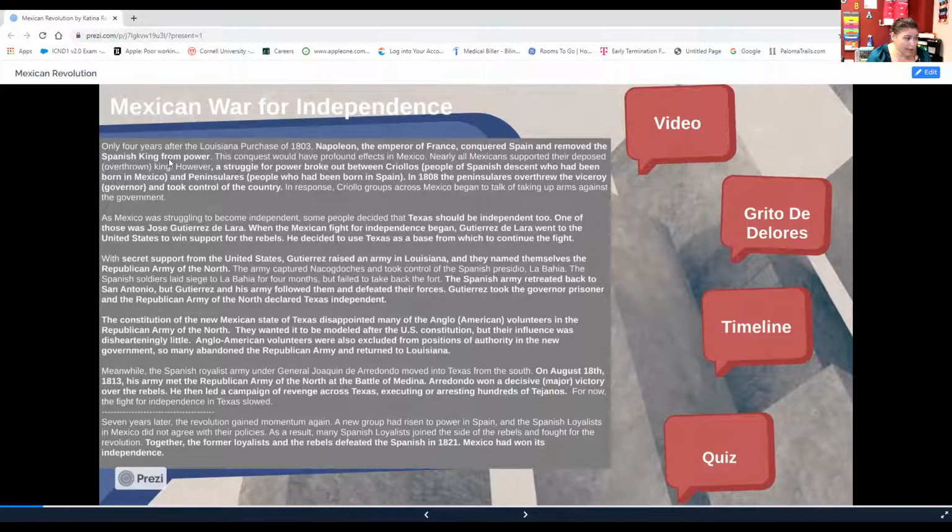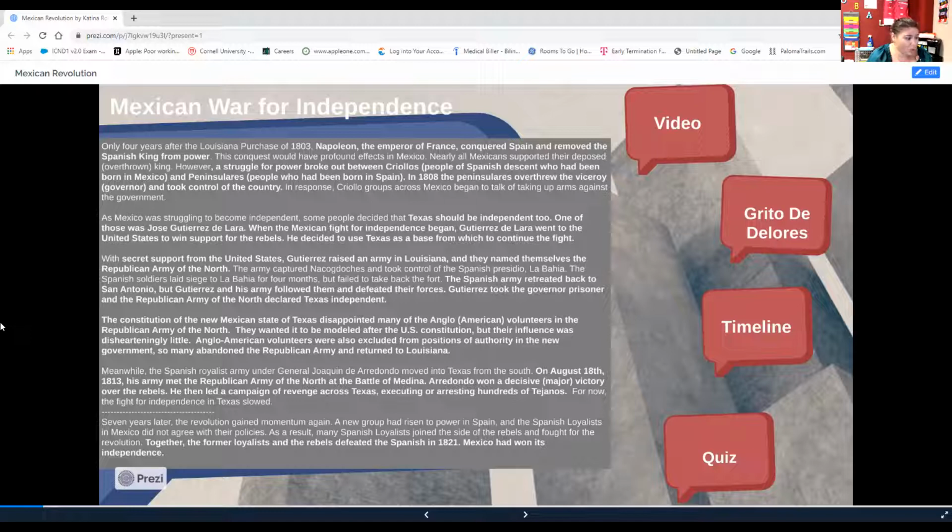Only 4 years after the Louisiana Purchase of 1803, Napoleon, the Emperor of France, conquered Spain and removed the Spanish king from power. This conquest would have profound effects in Mexico. Nearly all Mexicans supported their deposed, overthrown king.